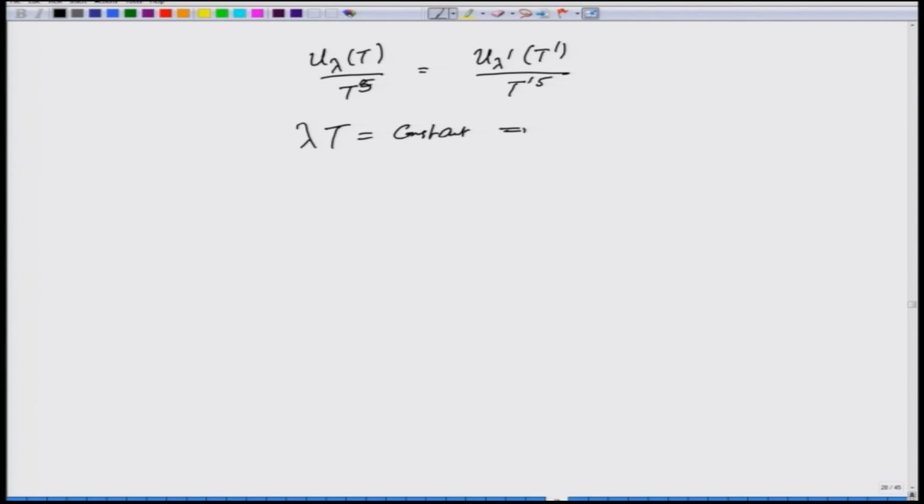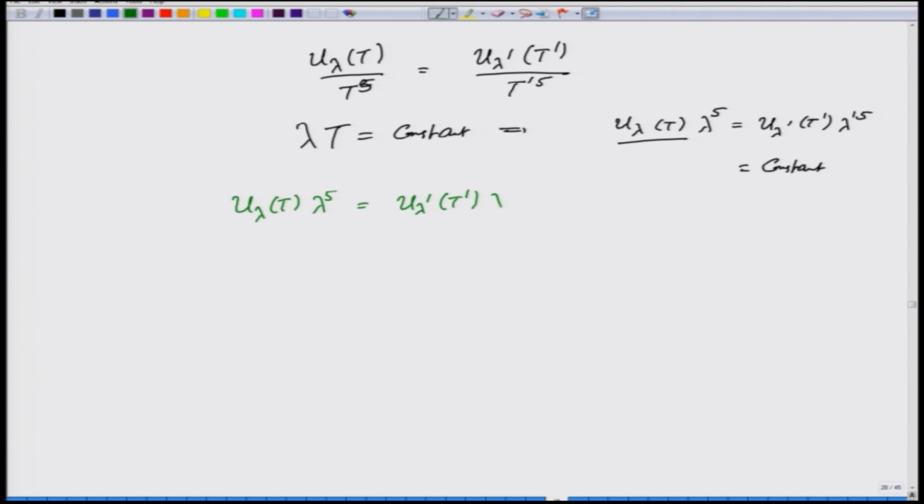So, this implies that u lambda T over that constant raised to 5, lambda raised to 5, is equal to u lambda prime T prime lambda prime raised to 5, and this is a constant, right. So, what we have got through this analysis is that u lambda T times lambda raised to 5 is equal to u lambda prime T prime times lambda prime raised to 5, a constant.